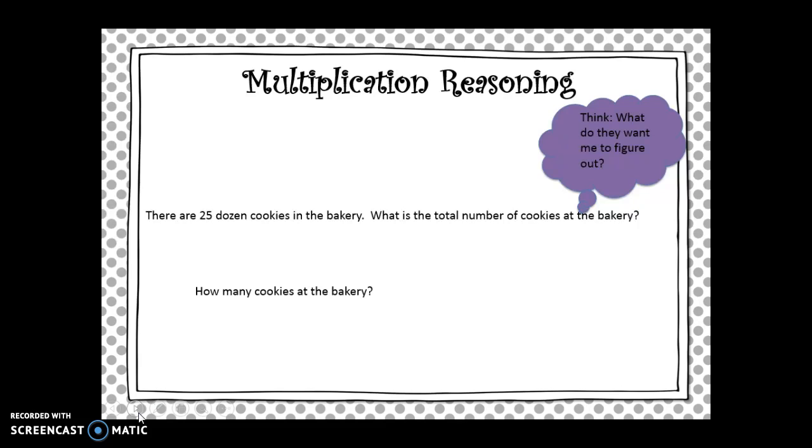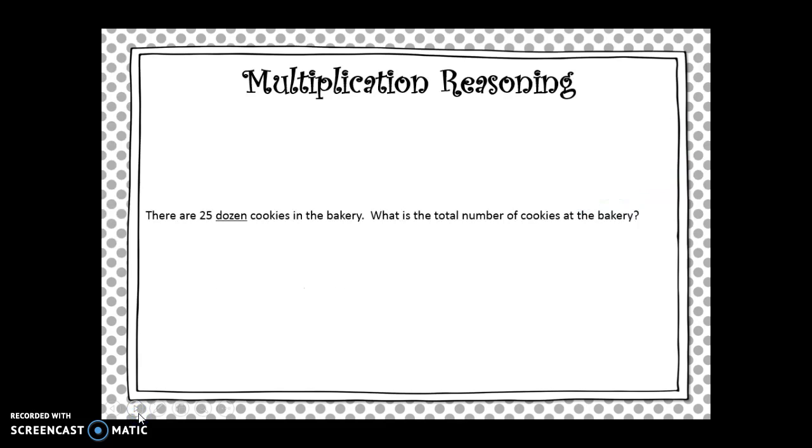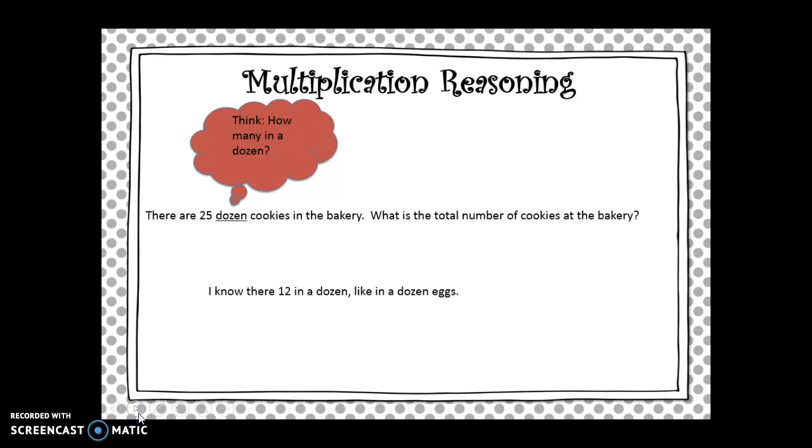Step 2, now I have to think about, well, what exactly is a dozen? And how many are in a dozen? I know that there are 12 in a dozen, just like in a dozen eggs. So now I know that I can create my equation.